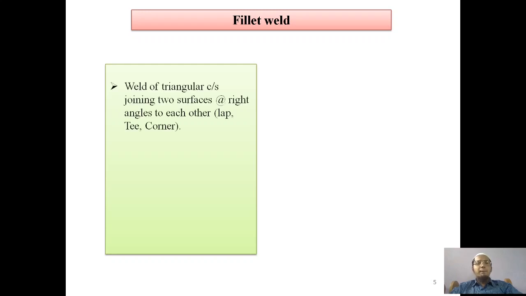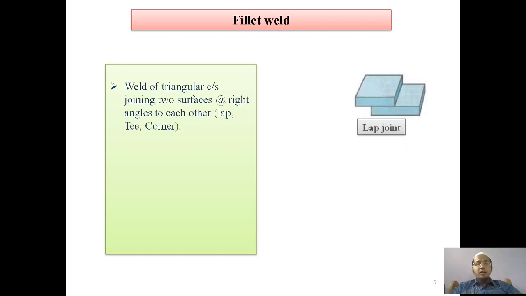So let's start our discussion on the flat weld. Now what is meant by this flat weld? When two members are connected, overlapped or at an angle of 90 degrees, and their surfaces are joining in the form of a triangular weld cross section, such type of weld is generally used for lap joints, T-joints and corner joints where two faces are exactly perpendicular to each other and weld will be provided over here.